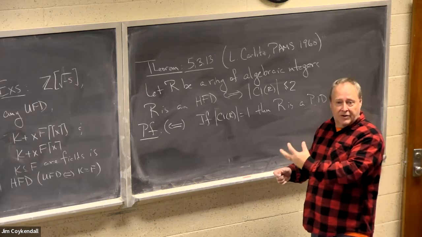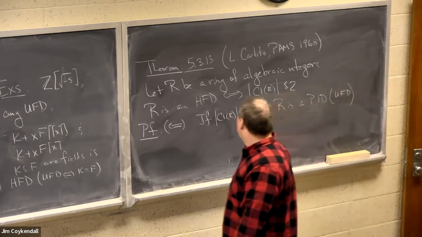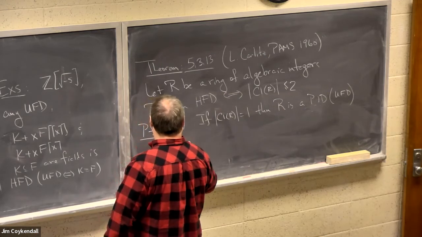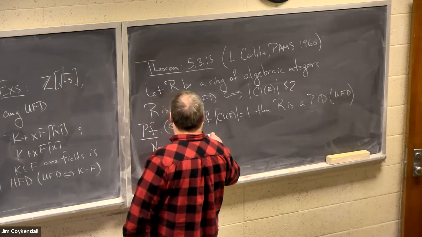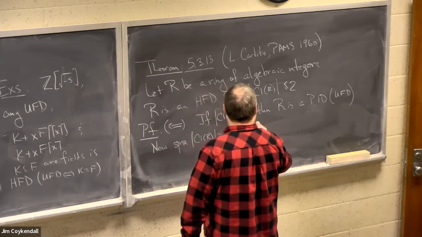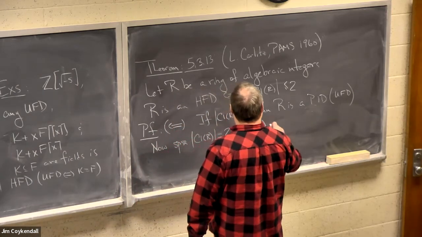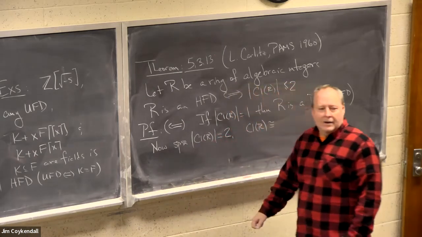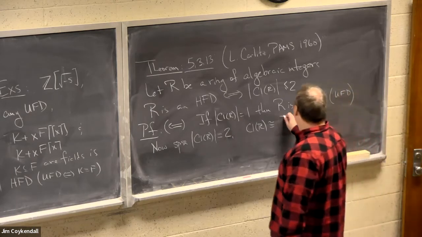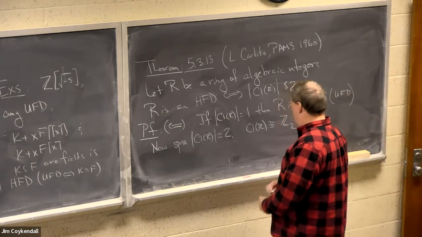Class number 2 is HFDs that are not UFDs. Now suppose... so that is, I don't know much, but I do know that there is only one group of order 2. And so this is actually more CMOD.